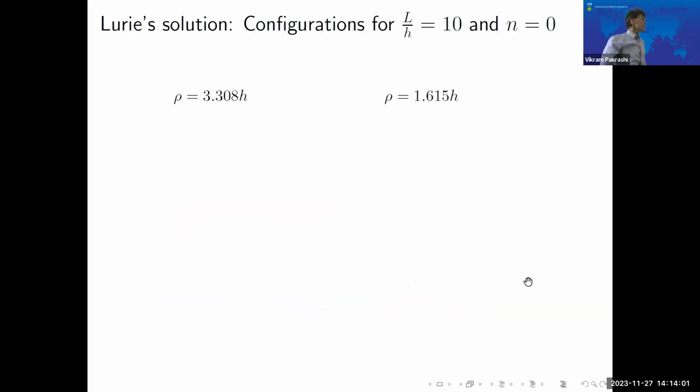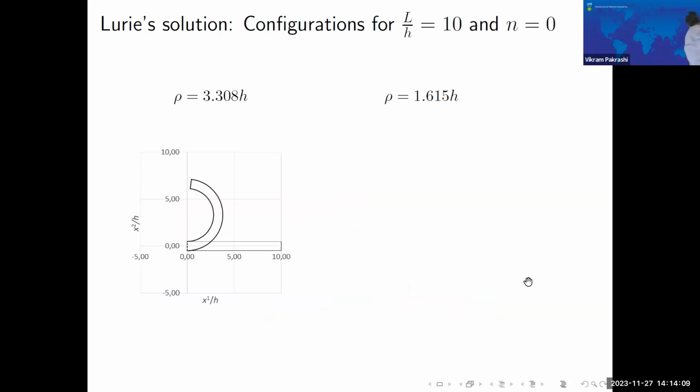Okay. Now, as a result, if you take a beam of this size, this would be the deformed state that we would obtain at a certain radius of curvature, which is roughly 3 times larger than the height of the beam. If we increase the curvature twice, obviously we obtain twice the bigger angle.